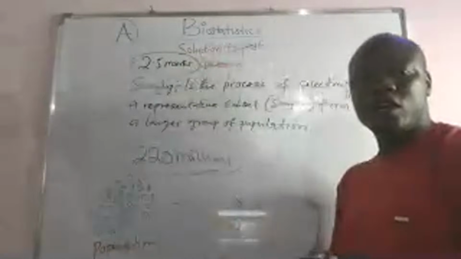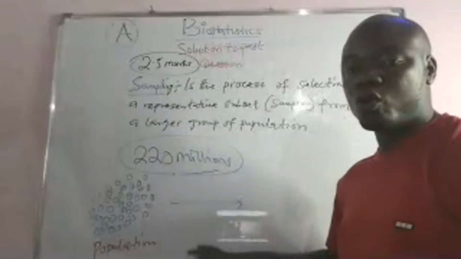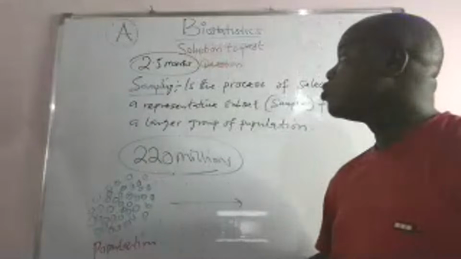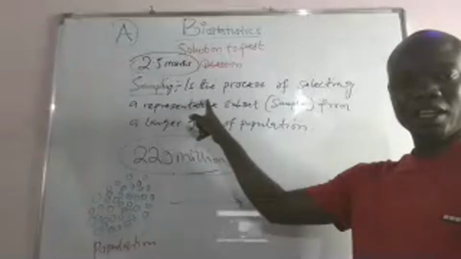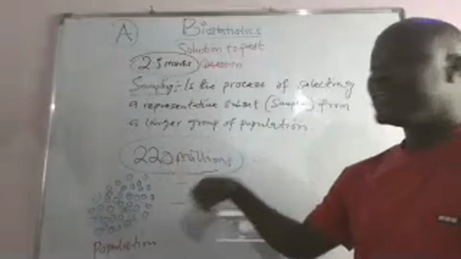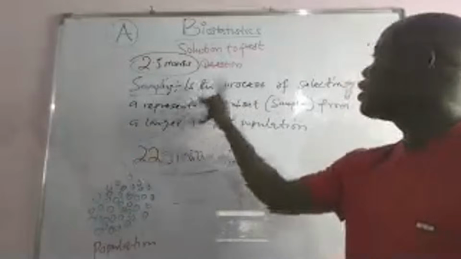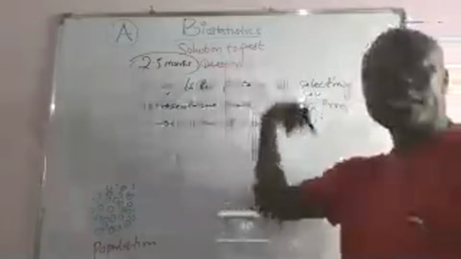But the truth is that you cannot work with all these individuals. So what we are going to do is sampling. So what is sampling? Sampling is the process of selecting a representative.